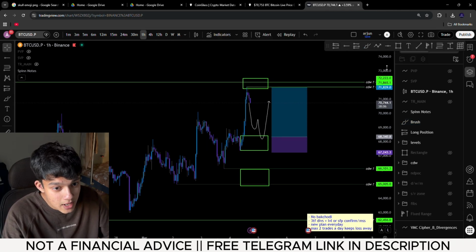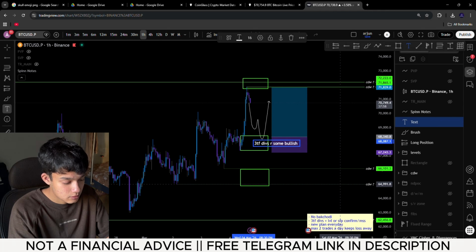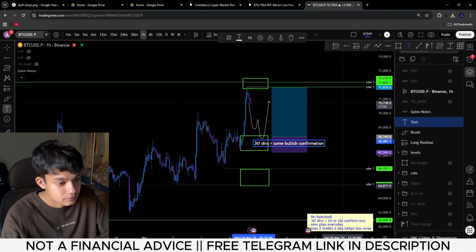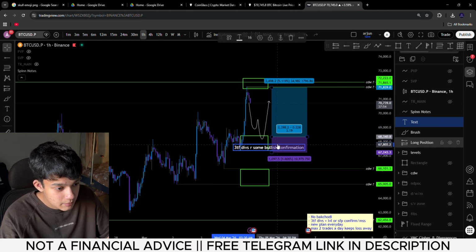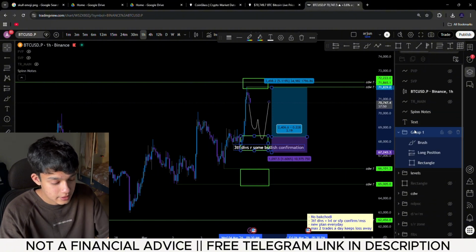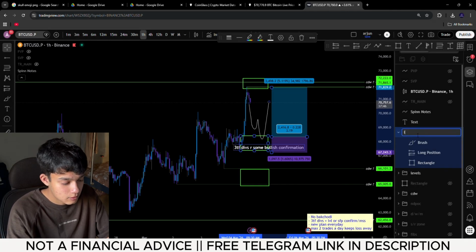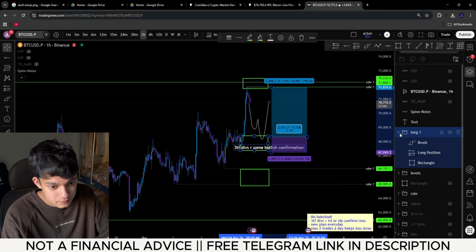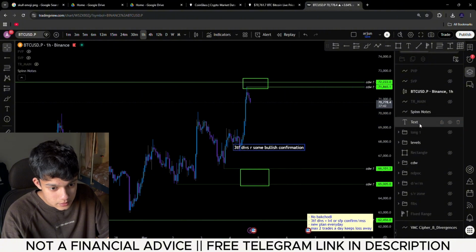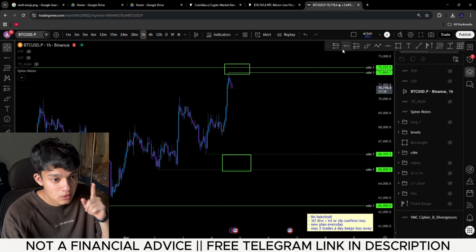Let's mark and write our requirements, which will be 3 time frame divergences or some bullish confirmation. So this will be the plan for long. Let's put all this in one group and name it long 1. We are done with the long plan for today, which is the long 1 plan.